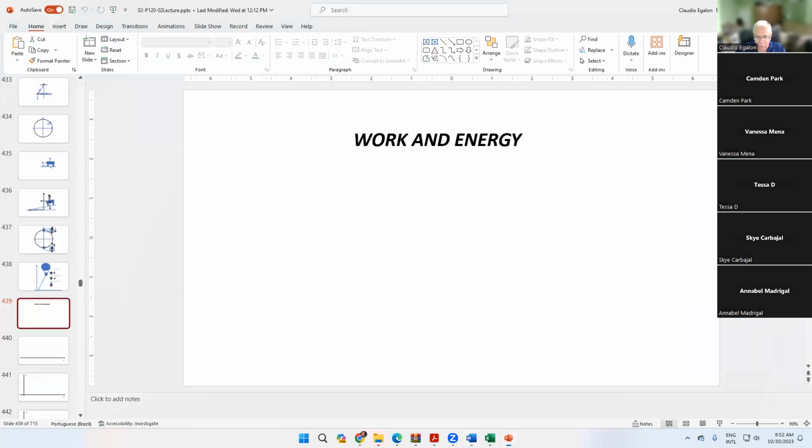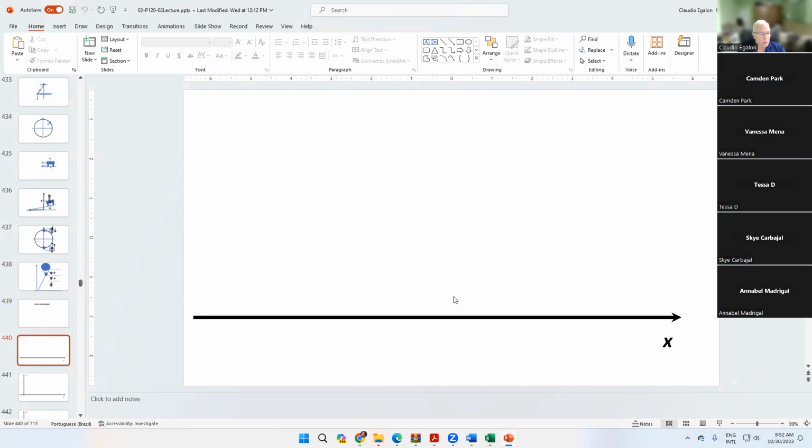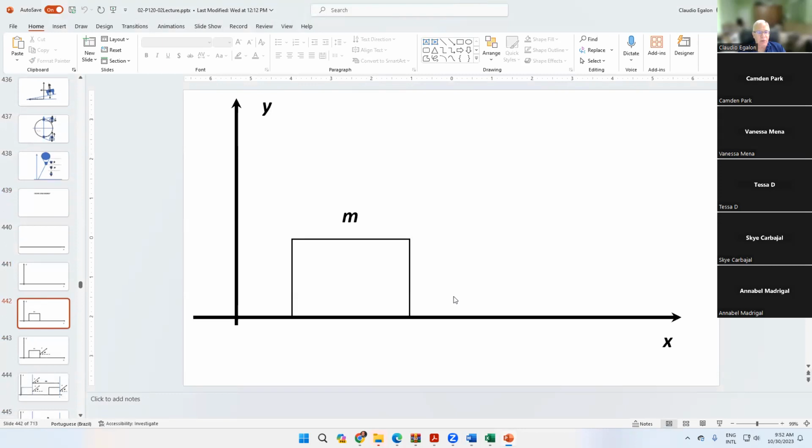Mathematically speaking, before we define work mathematically, we have to come up with an illustration. Here we have an x-axis, a y-axis, and an object placed right in here. If we apply a force to this object, a generic force, any force, don't forget this object already has two forces applied to it, which are the weight and the normal.